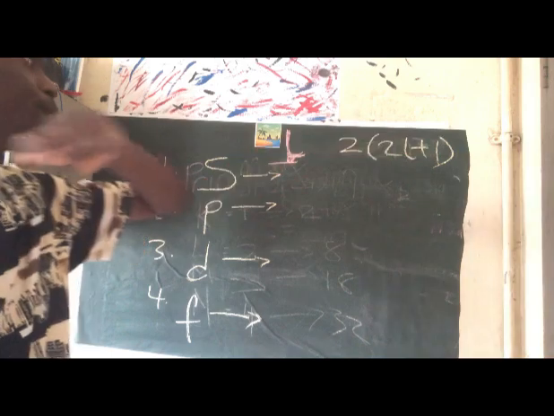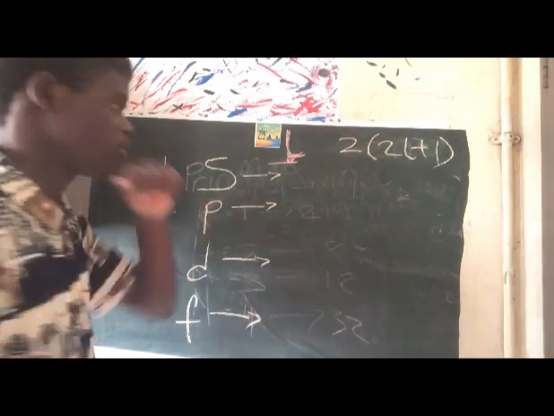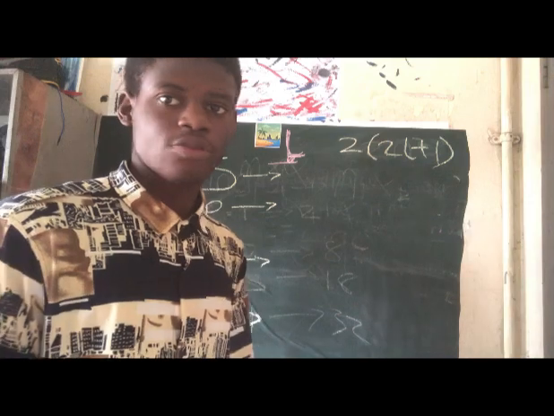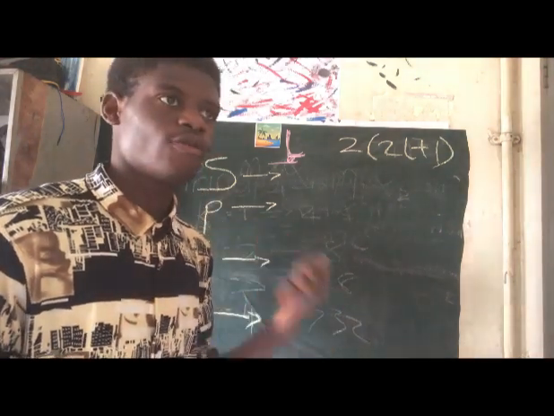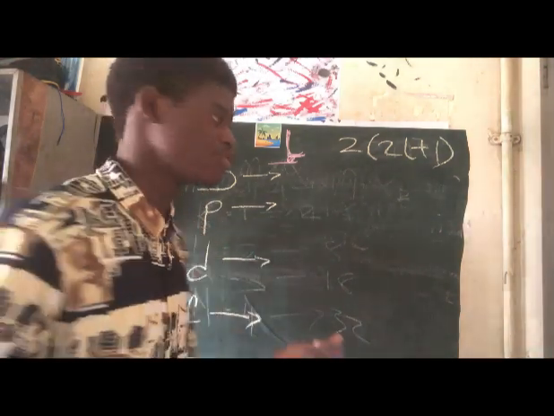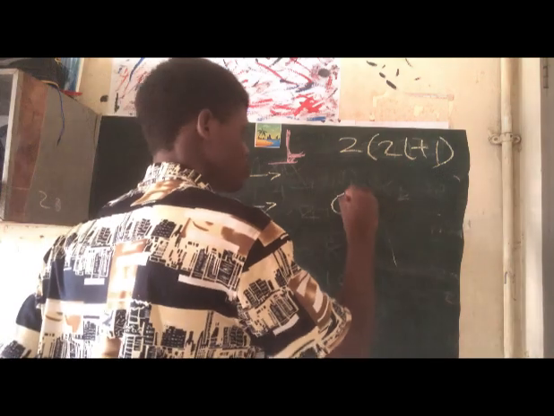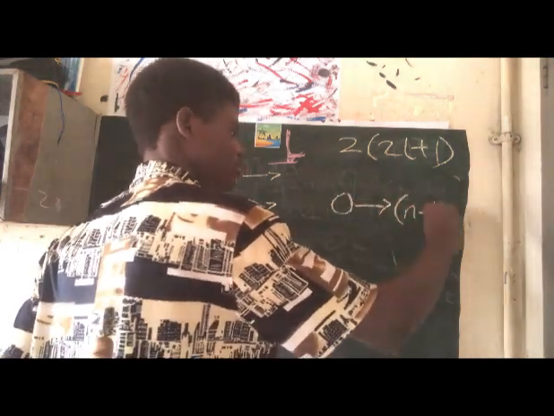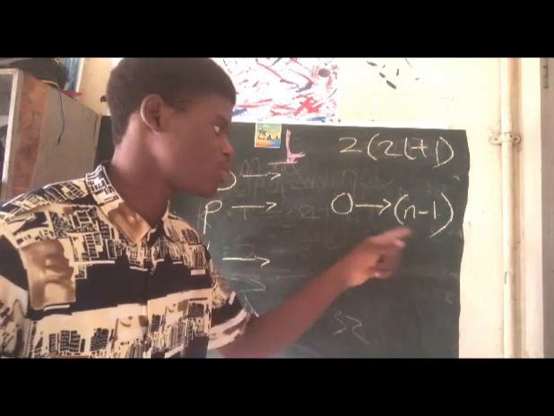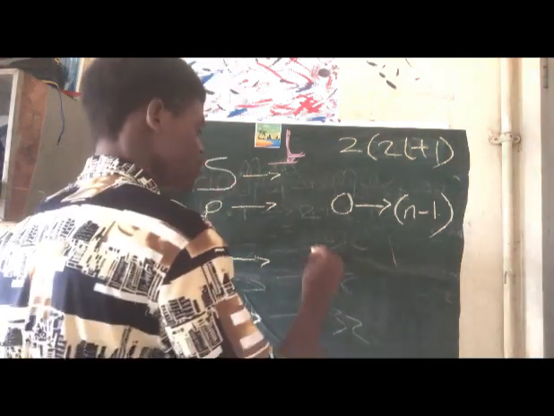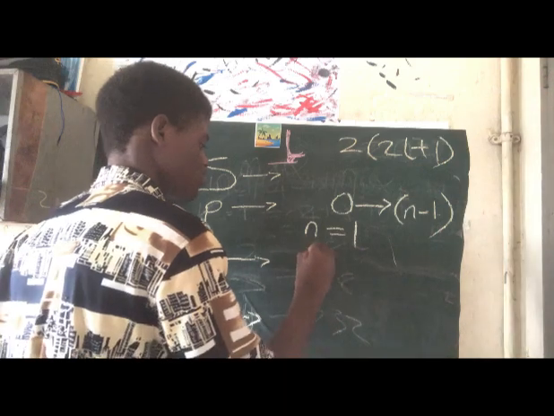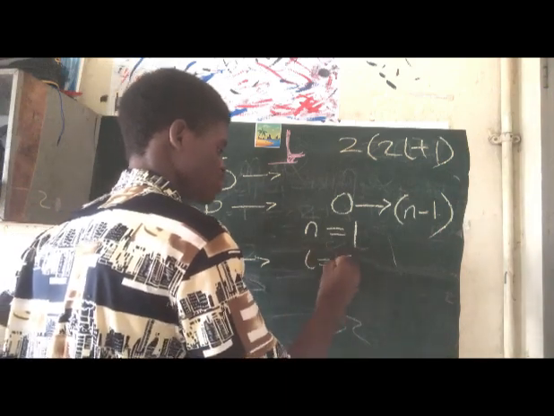Before I continue, there's one thing you need to know: the minimum value of the azimuthal quantum number is 0. So it goes from 0 to n minus 1. Understand? 0 to n minus 1. If the principal quantum number is 1, the azimuthal quantum number will be 0.